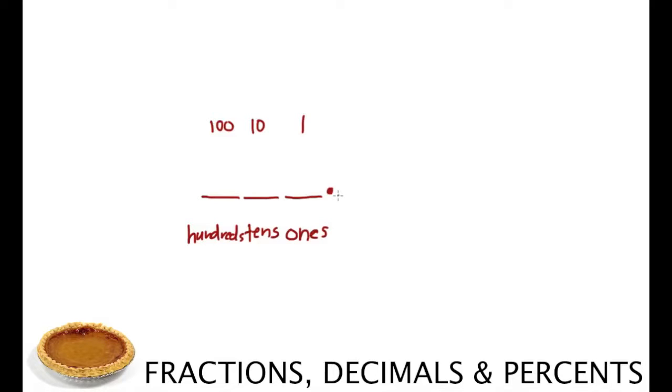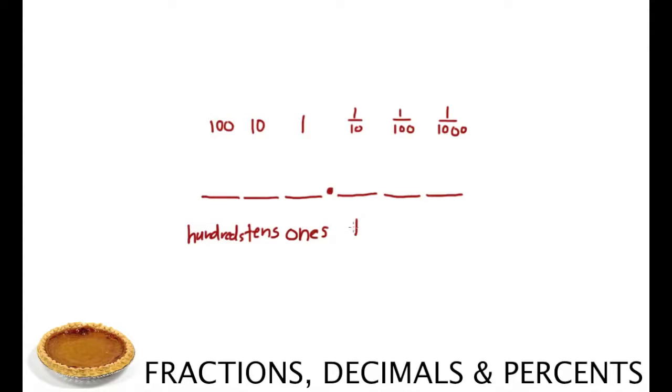Now when you go to the right of a decimal point, that's where it gets interesting, because directly to the right is actually your tenths. That's a fraction of 1. One more place value to the right and you have your hundredths, and one more place value to the right and you get thousandths.